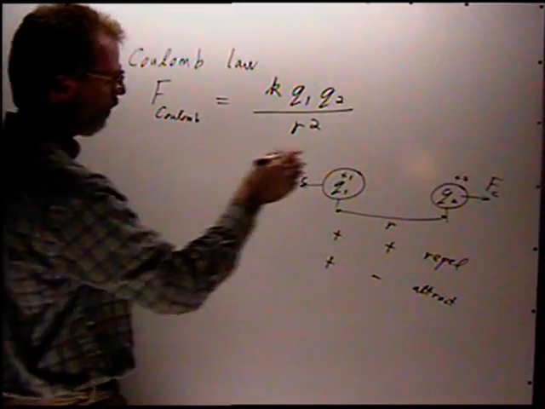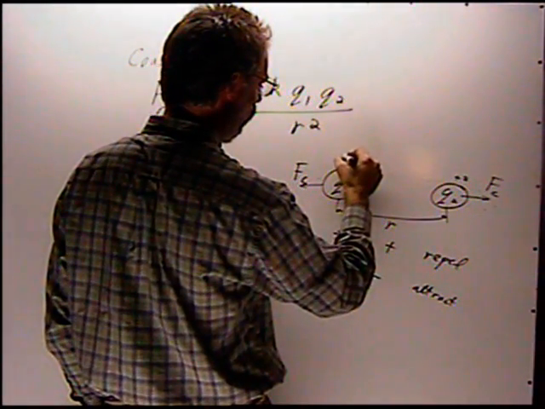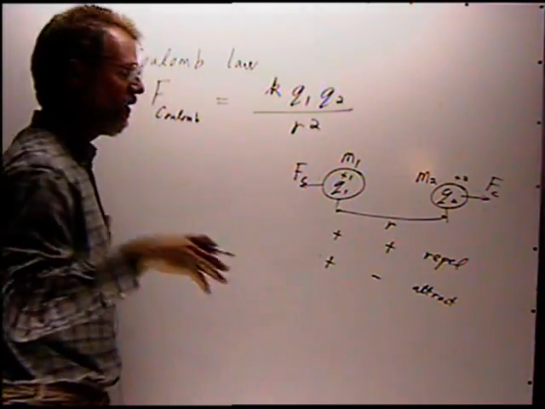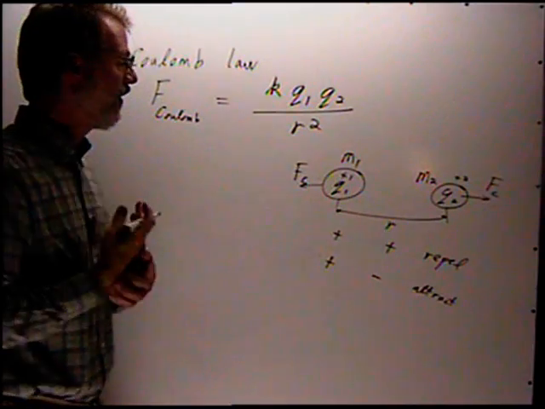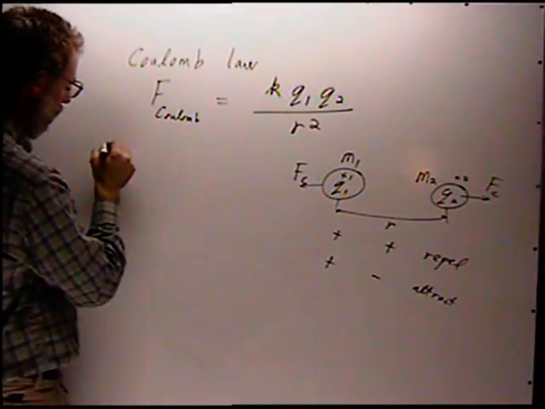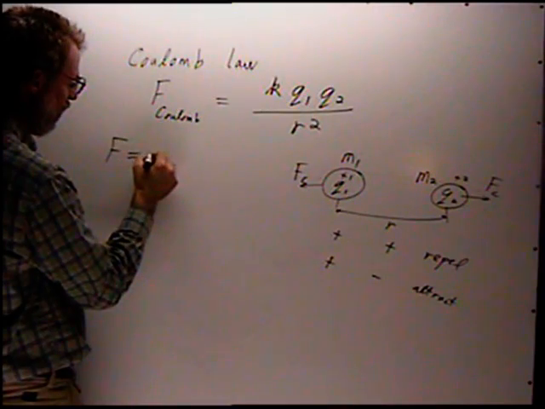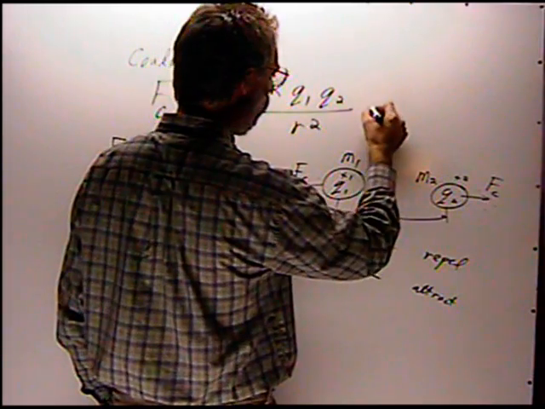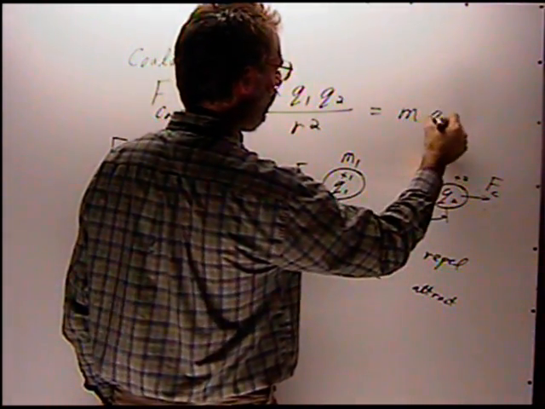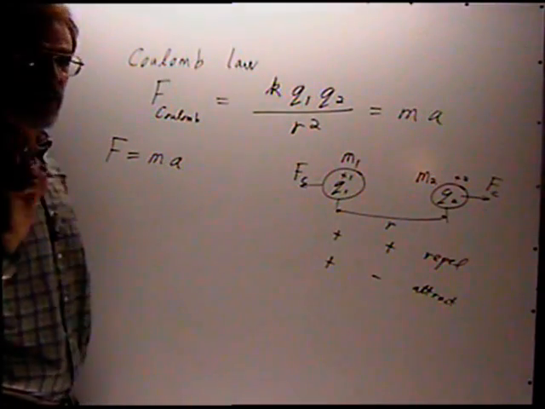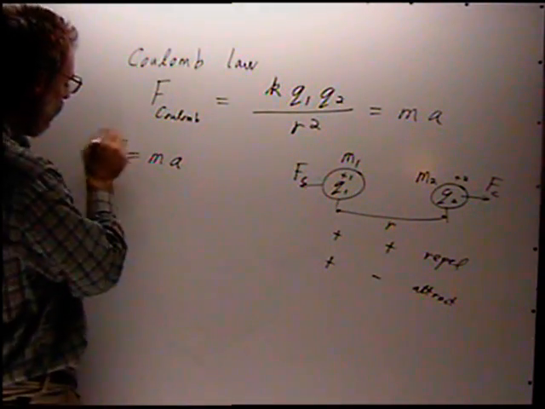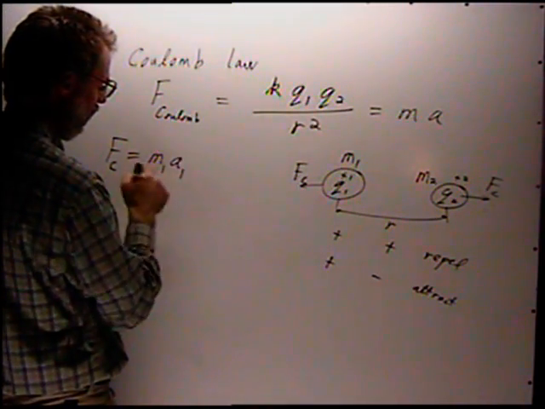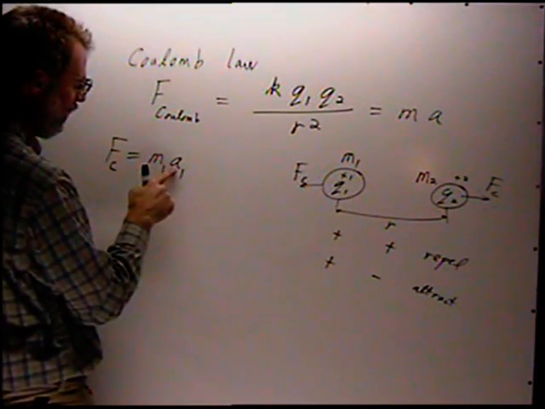Now, remember, this is a force, so let's say this charge has a certain mass 1, and this charge has a certain mass 2. The masses can be very, very different from the charges. Remember, this is still F equals ma. We can still take Newton's second law, F equals ma, and take this Coulomb force and say that's equal to mass times acceleration. In fact, we can do it in two ways. This Coulombic force will make charge 1 accelerate by a certain acceleration, and we can calculate that.